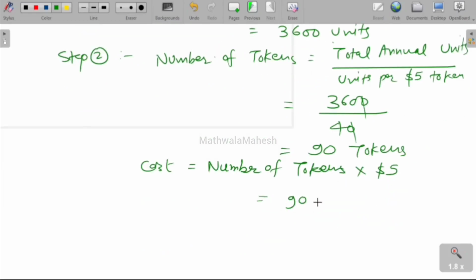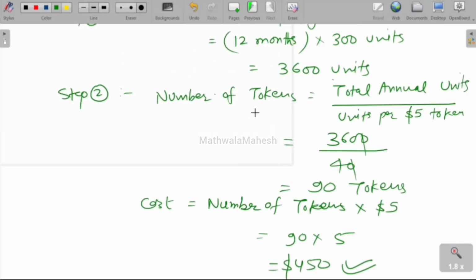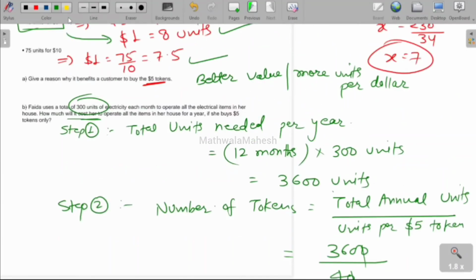So 90 tokens into $5, which is $450. So this is the total cost, and this one is our correct answer, $450.